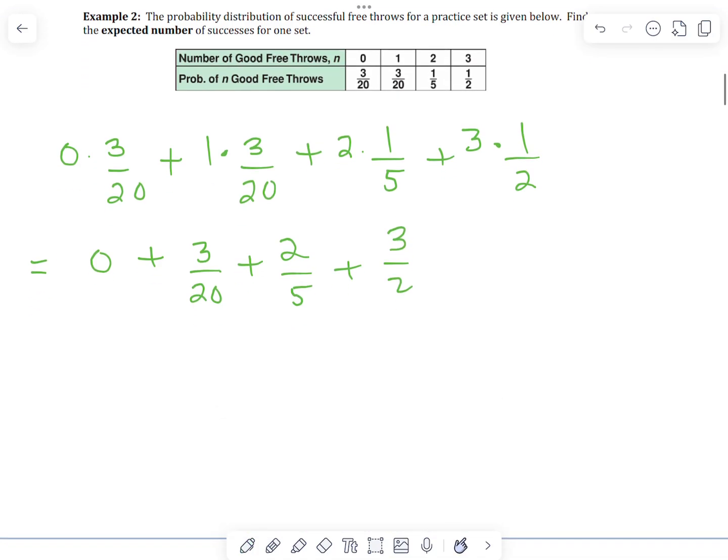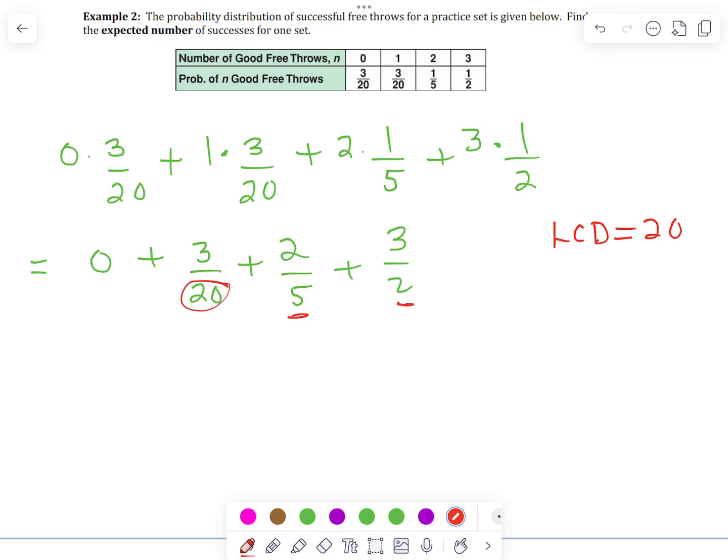Now notice those denominators are not the same. So if we want to change them to all a like denominator, the LCD would be 20. So we need to change 5 and 2 to be a denominator of 20. So 3/20 is there. And then we're going to change that 2/5 to have a denominator of 20, so we multiply the numerator and denominator by 4.